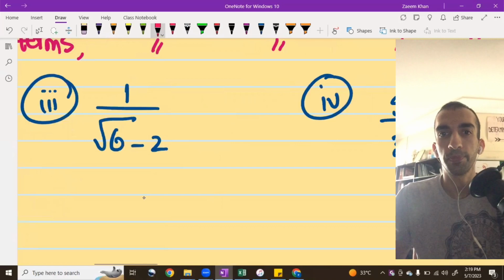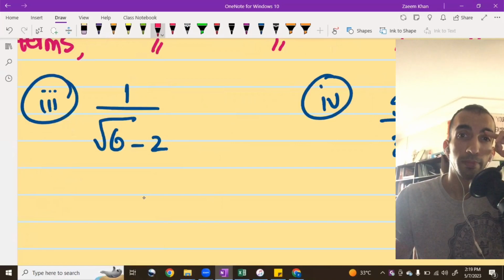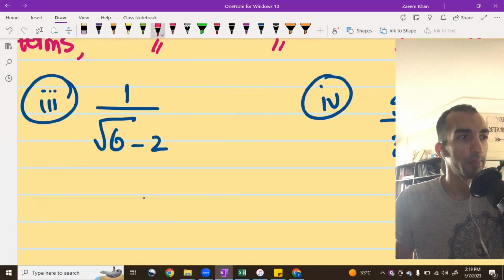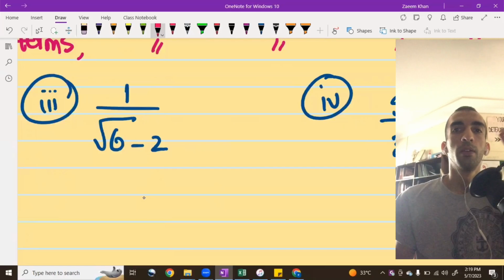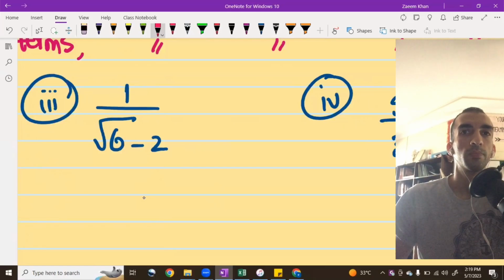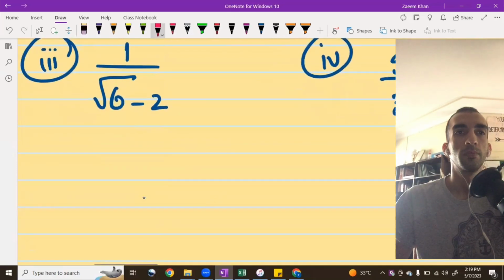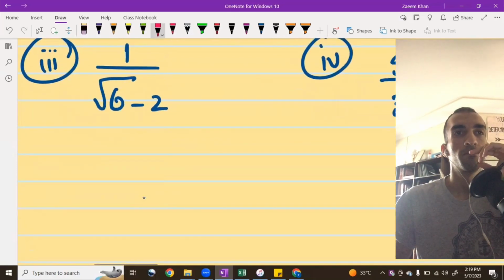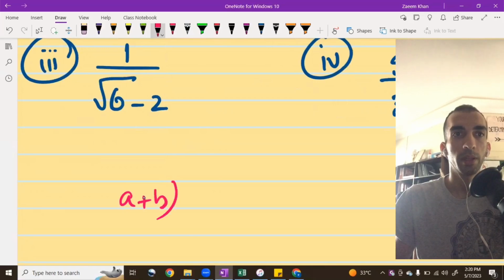Part 3. How would you multiply them together? Do you remember the rule where we multiplied two brackets together?